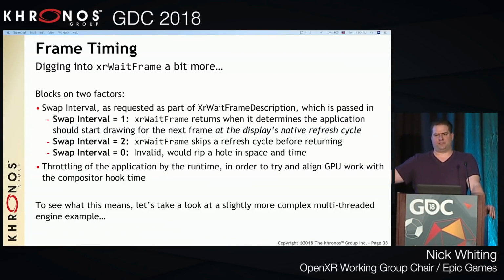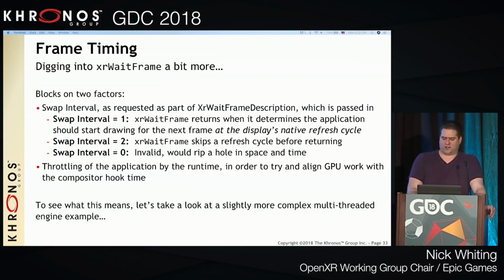So if you want to render at half frame rate and have it do the reprojection under the hood, you can specify swap interval 2, and then it will be the runtime's job to upsample that to display at the device's native frame rate. If you try to specify swap interval 0, it's completely invalid, rips a hole in space and time. Don't try to do it. But all in all, this XR wait frame is how the application gets throttled by the runtime.